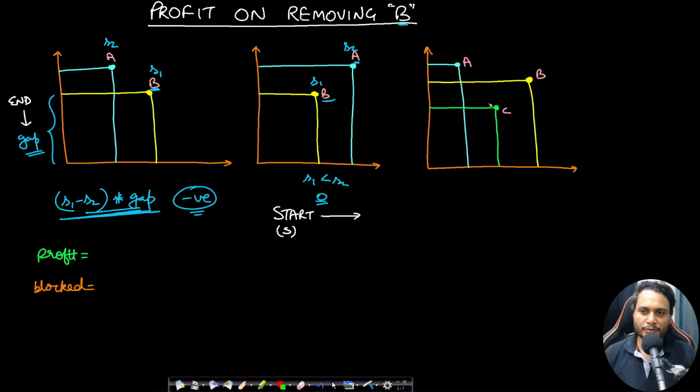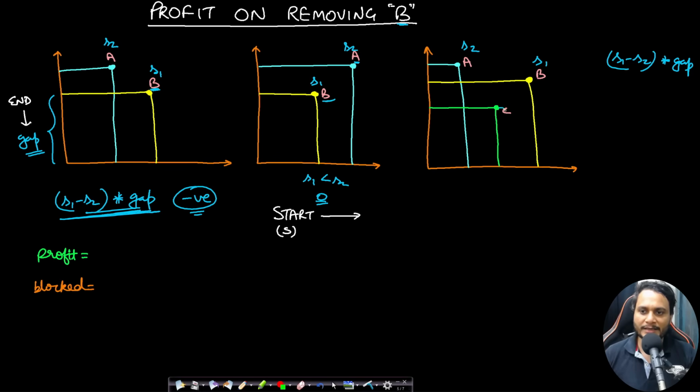In the third case, if you remove this B, you cannot just directly calculate by saying this is S1, this is S2, and I will say S1 minus S2 into gap, because the gap will always be calculated not with this baseline but with the next point's baseline.